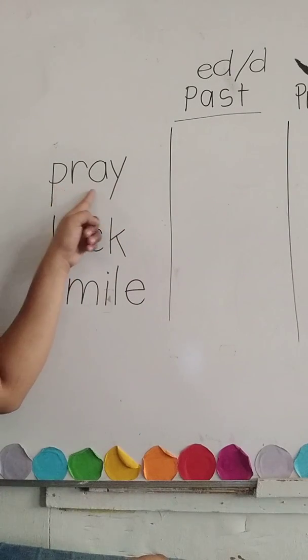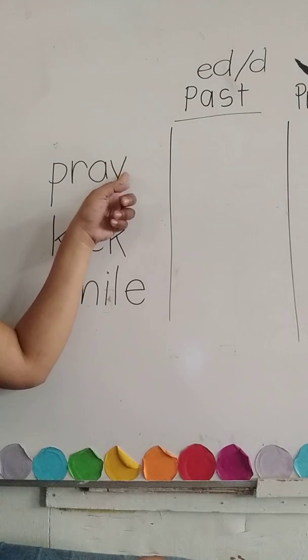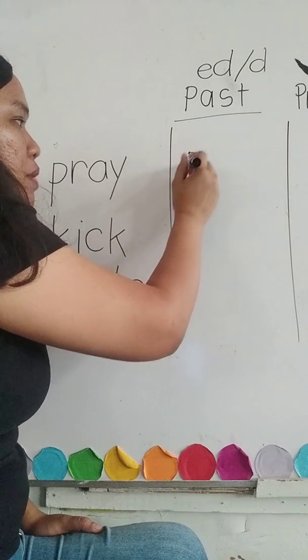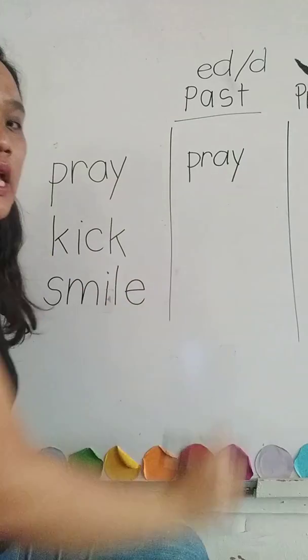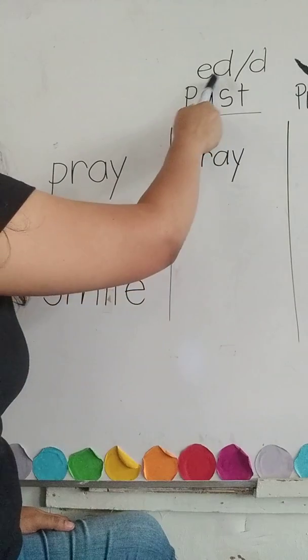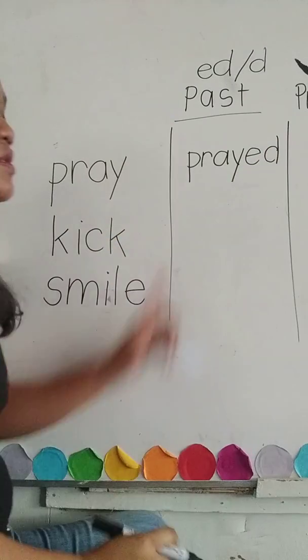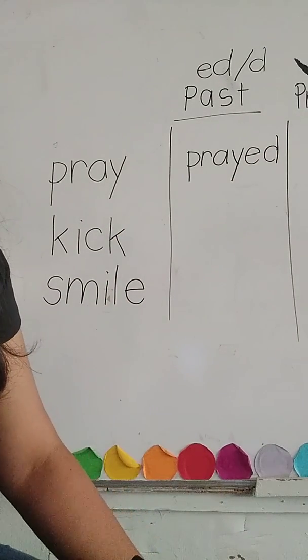If we want to make this past, we have to add ed because it doesn't have a letter e. So first thing you need to do is copy the word first, right? P-R-A-Y, pray. Once you've copied the word, add your ed. The word now becomes prayed, and prayed is past tense.